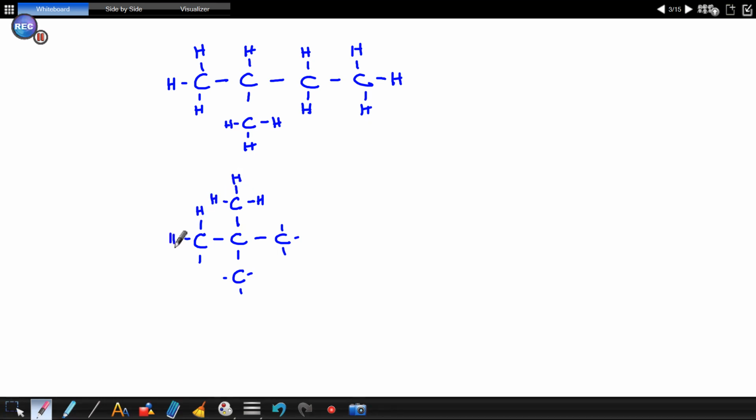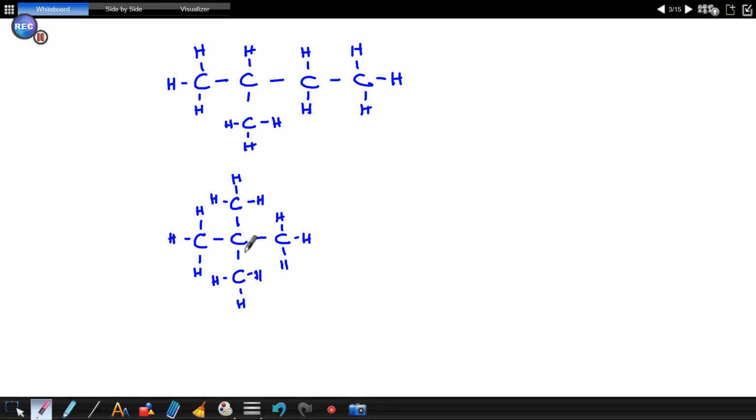So this is another chain isomer of pentane, but I can't call it pentane, because it's got different properties to pentane. Of the 3 isomers of pentane, this will have the weakest London forces between the molecules, so the boiling point will be the lowest.